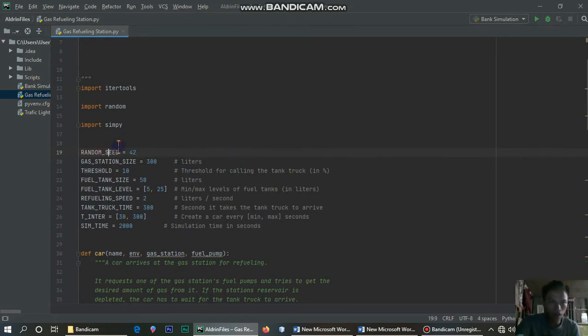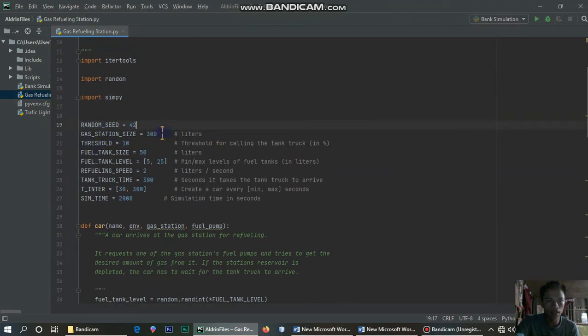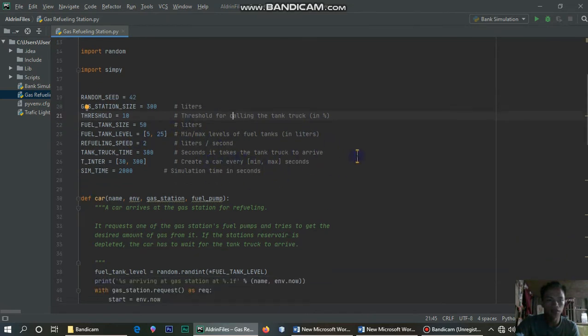Random seed is equal to 42. Then gas station size is 300, in liters. Then the threshold for calling the tank truck, in percentage. Then the fuel tank size is equal to 50 liters.